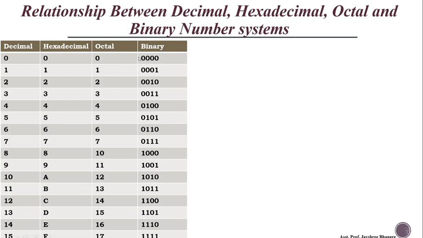So to complete the table we can write 16 zeros and 16 ones. In this way, we can easily write the binary numbers for a combination of bits.